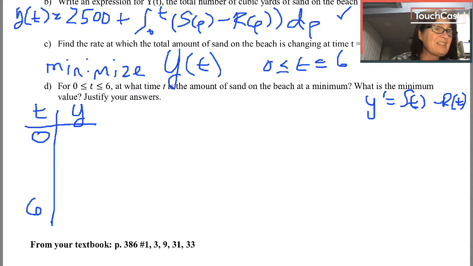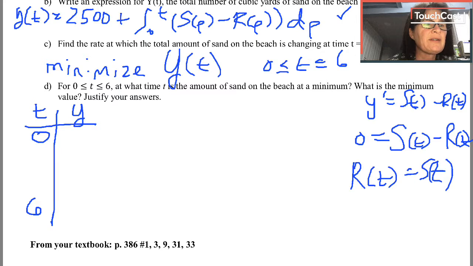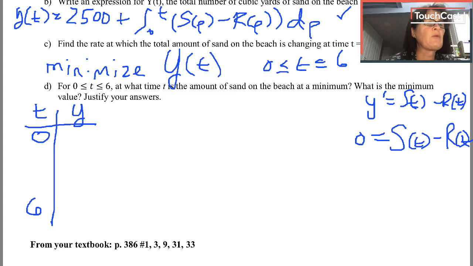So I'm going to use my calculator to solve this equation, y prime equals 0. Here we go. So y prime is s of t minus r of t. There's a couple ways to do this.